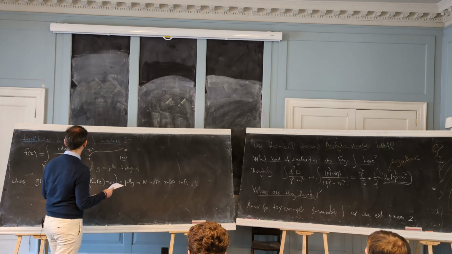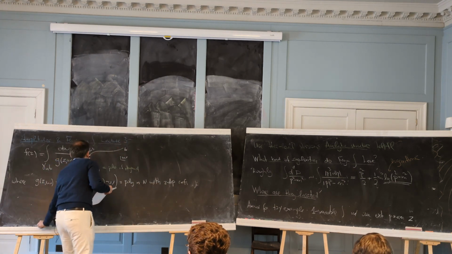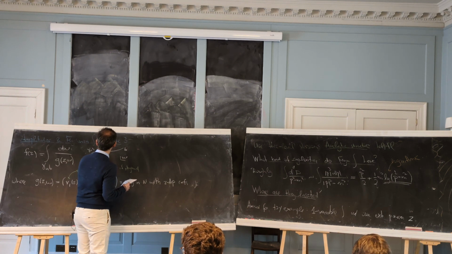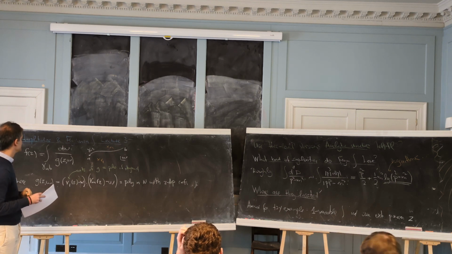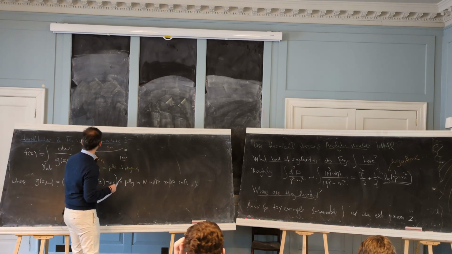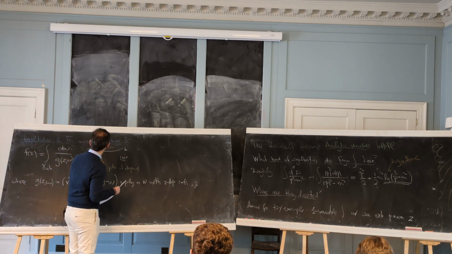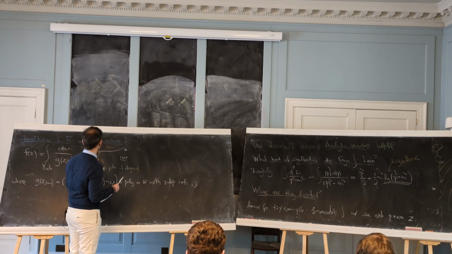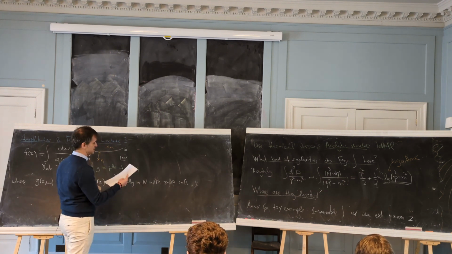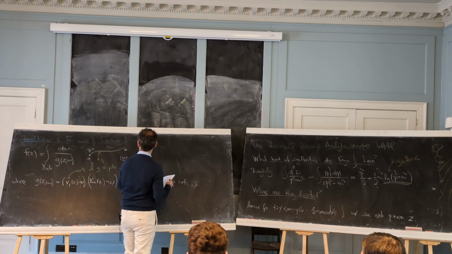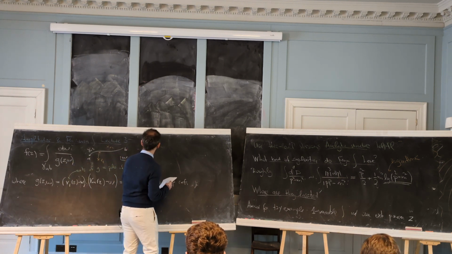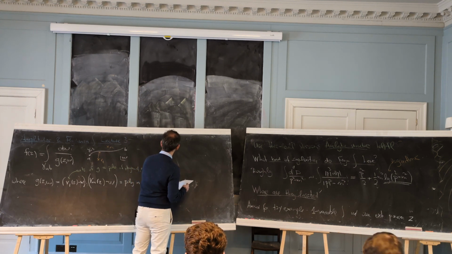So let's say here you have R1, and here you have R2, and so on. Now let's assume that a single pole, and these move as z varies.